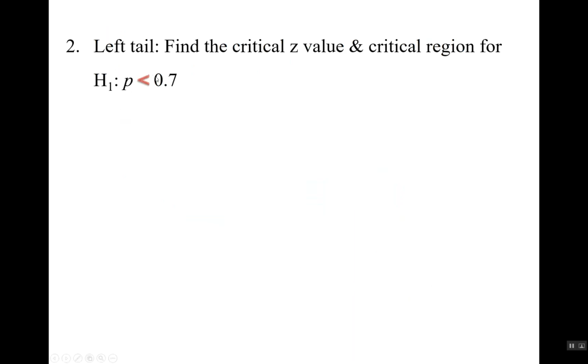Now this is a left-tailed test. Similarly, to find the critical value and critical region for a left-tailed test, draw a bell shape. This area is 0.05 because we assume alpha is 0.05. And this is the critical value we're looking for. The left side is the rejection region, and the right side is the non-rejection region.